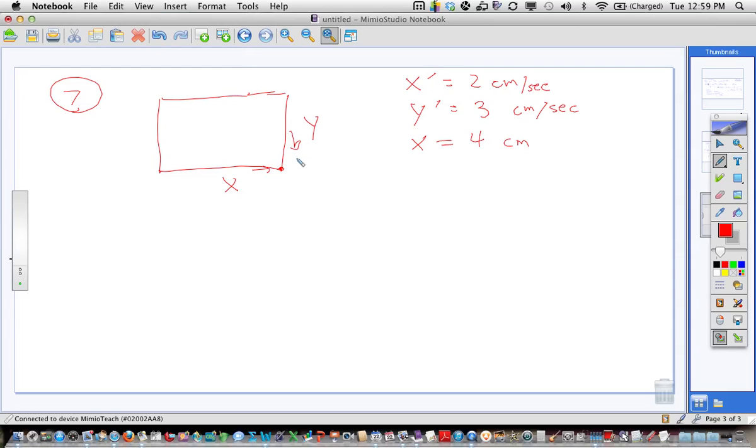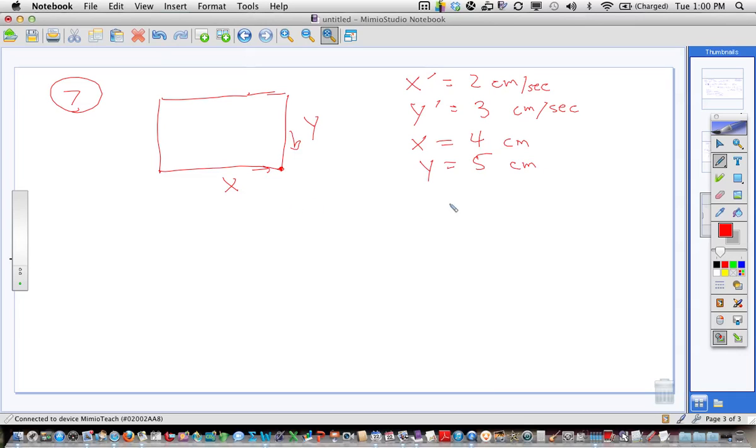But there's going to come an instant when x is 4 and y is 5. And that is the instant I want to plug those numbers in. And that doesn't come until after I've done my derivative and all that. So I get my x and y, x prime and y prime, all those in the problem. So that's why I write those over here and do not put those in my picture.